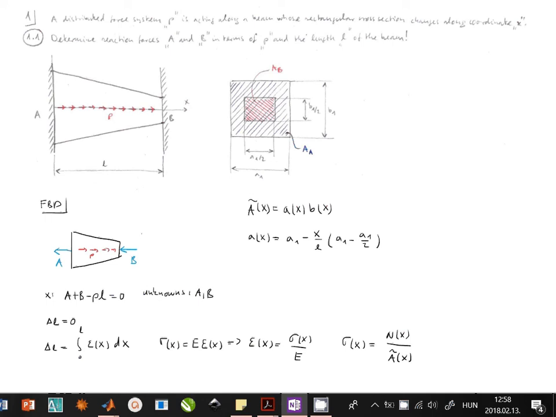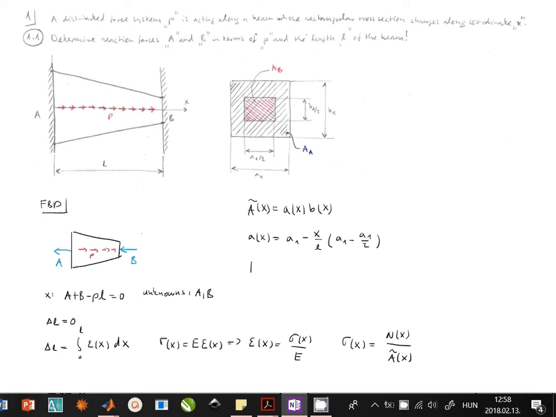If we substitute x equals 0, we have a1. If we substitute x equals L, then we have a1 minus a1 plus a1 over 2. So we have a1 over 2. So this perfectly describes the nature of the width of the beam's cross-section.